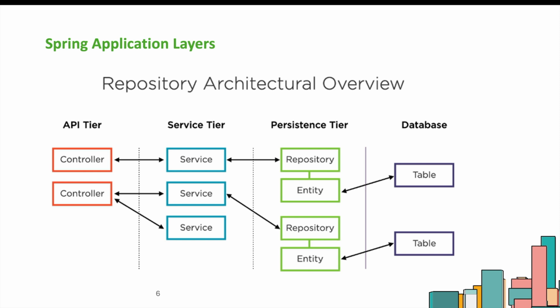The app tier will have the API tier, service tier, persistent tier, and database tier. Whenever the controller sends a request to service, service will talk to repository and get the data, and the service layer will send the response back to the controller. So the service layer talks between the controller as well as the repository.